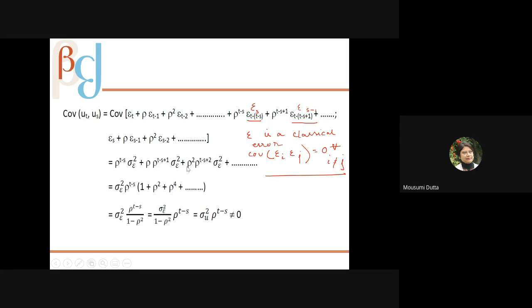So when we have the common terms between the series, epsilon S minus 1, epsilon S minus 2, we will have this kind of sum. For the variance part, we will get these values. Okay, so I can take this sigma epsilon square common, and I can take rho to the power T minus S also common, and I'm left with 1 plus rho square plus rho to the power 4, etc.